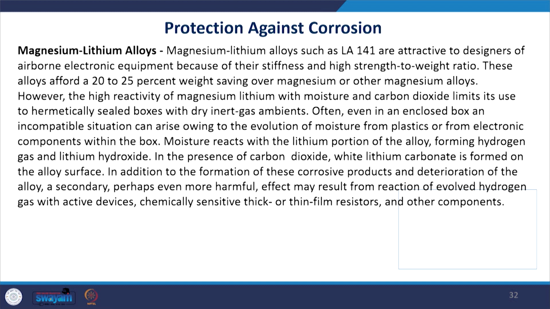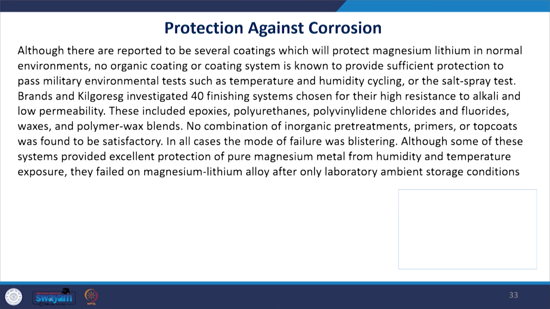In addition to the formation of these corrosive products and the deterioration of the alloy, a secondary, perhaps even more harmful effect may result from the evolved hydrogen gas reacting with active devices, chemically sensitive thick or thin film resistors and other components.